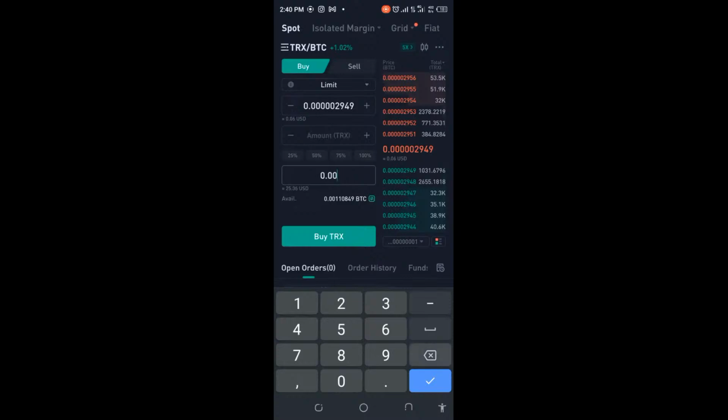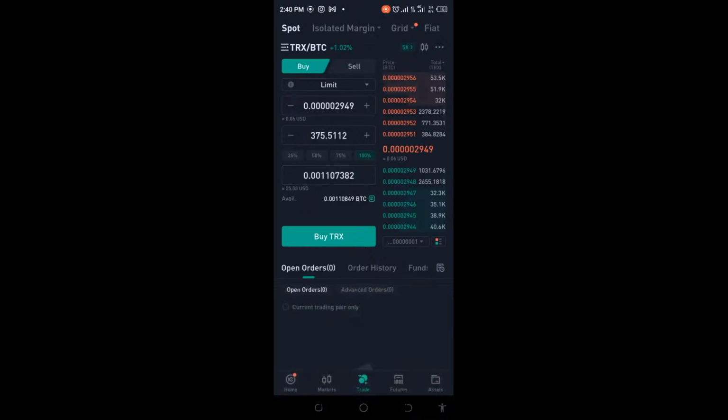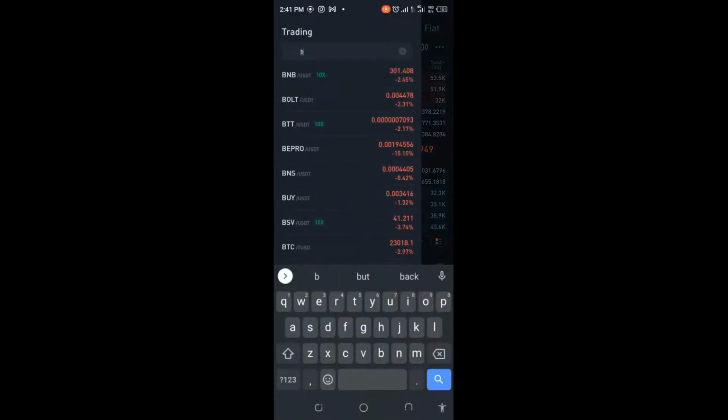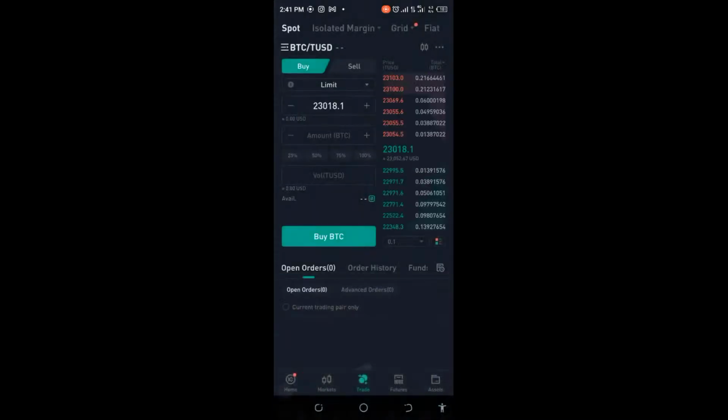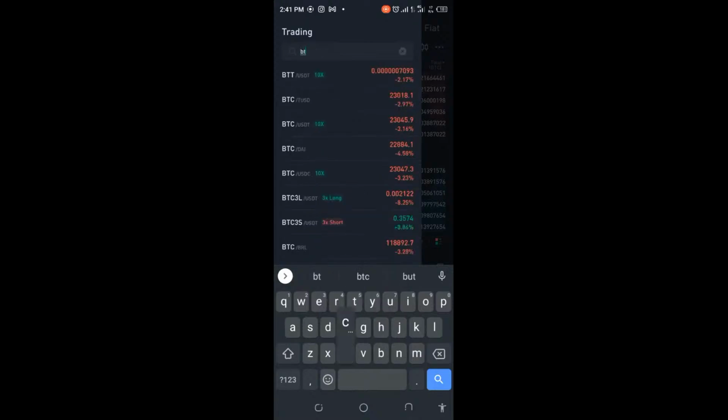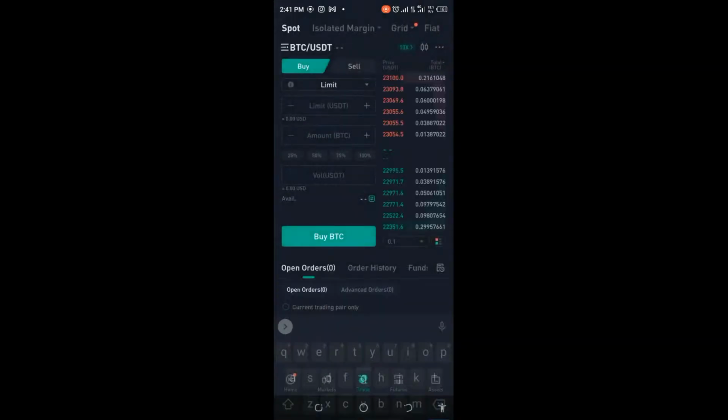Let me try and see if I put 100% here, what's that going to be? 375.51. If I change this to BTC USDT, what would that give me? Although if I do that, no, this is not what I want. BTC USDT, that should be this.